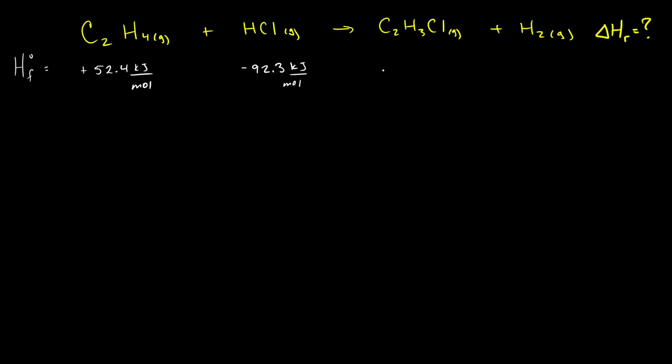So this one is plus 37.2 kilojoules per mole. And this was hydrogen in its elemental state, 0. Okay, so quickly double checking our balance: 2 carbons, 2 carbons, 5 hydrogens, 5 hydrogens, that's good. 1 chlorine, 1 chlorine. So it's balanced as is, 1 to 1 to 1 to 1.